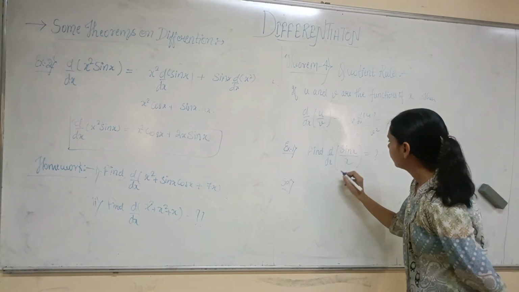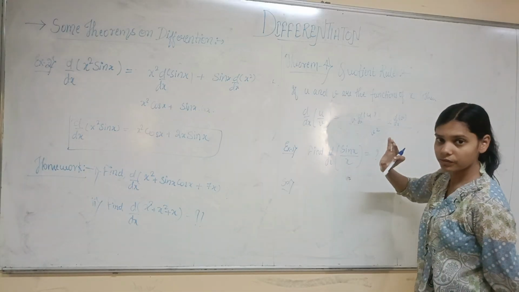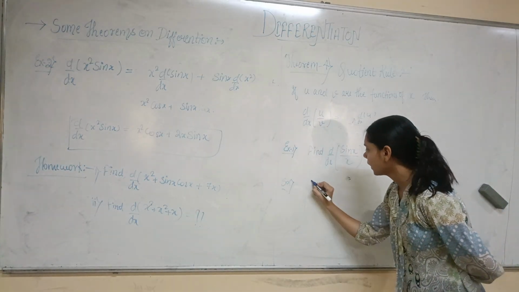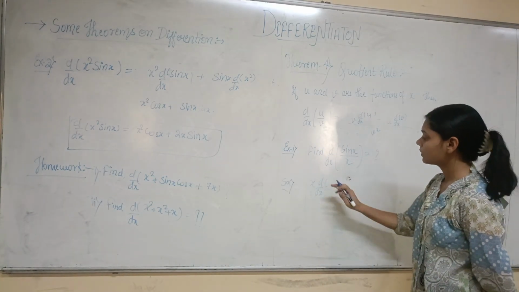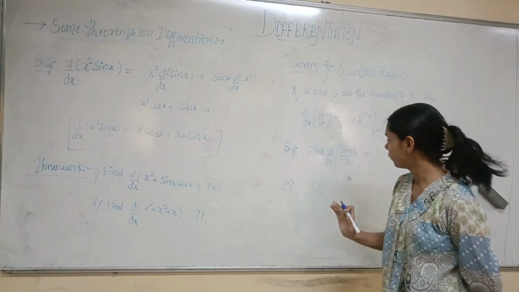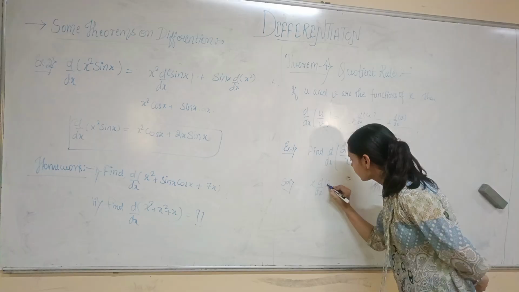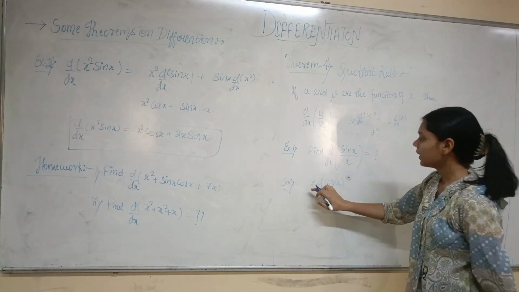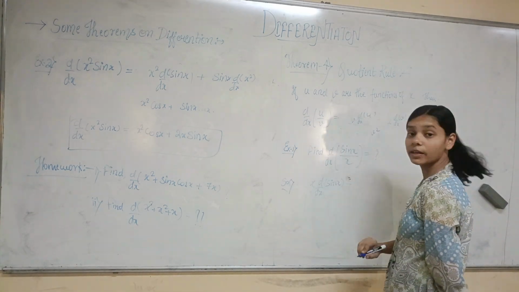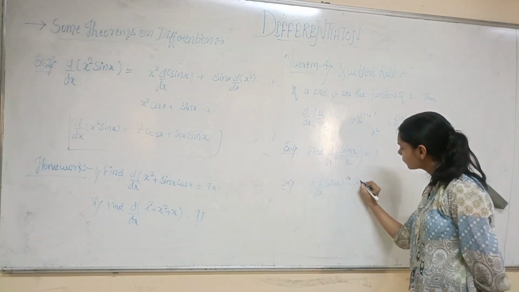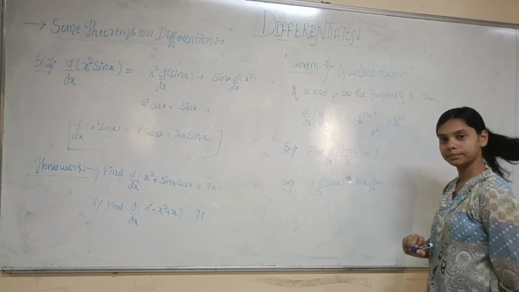Solution is second function into differentiation of first function, right? So second function is x into differentiation of first function, sin x, minus first function into differentiation of second function, right?